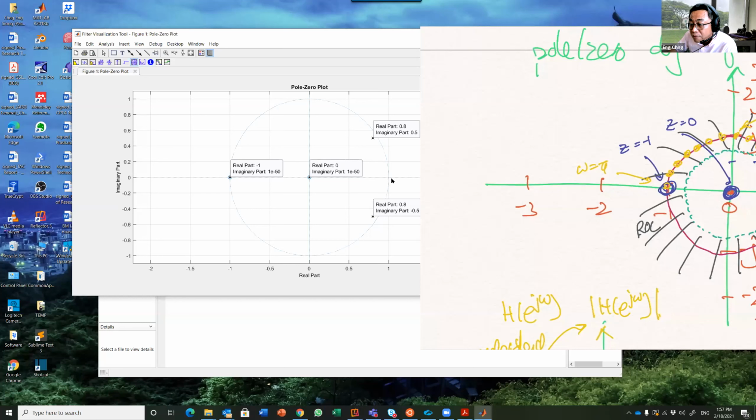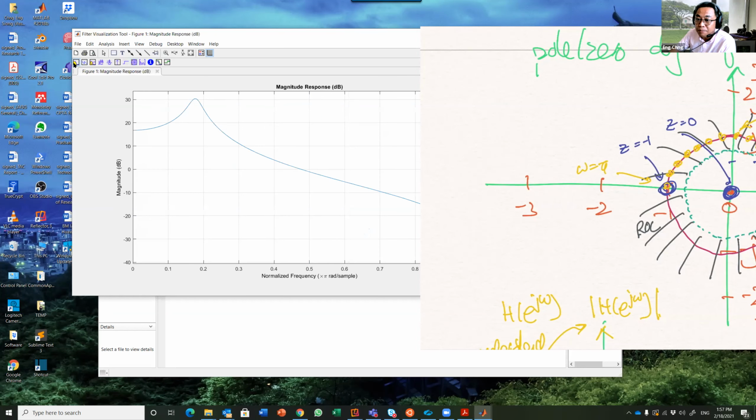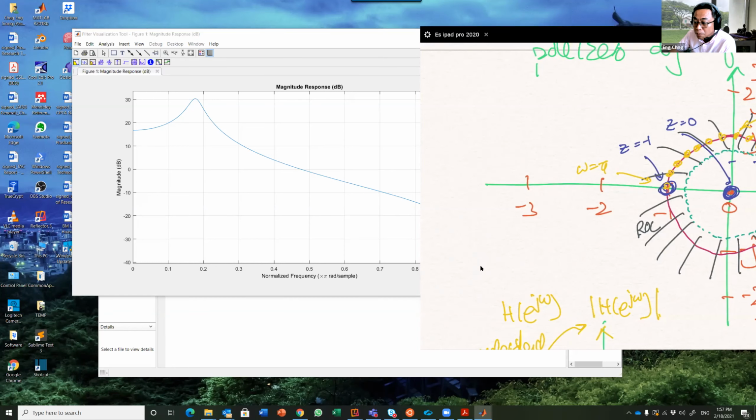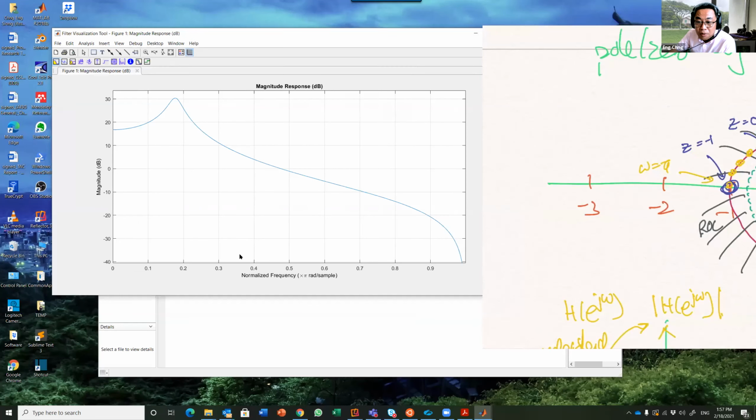So as we are moving from 0 to pi over 2 to pi, we are going to plot the magnitude of H(z). So remember what I said? As we are traveling along omega from 0 to pi, as we are nearing the pole, it peaks and then it comes down again. So some of you may say that this is a band pass filter, passing from this band to this band. Or some of you will say it's a low pass filter because at low frequency it passes and then high frequency is attenuated.